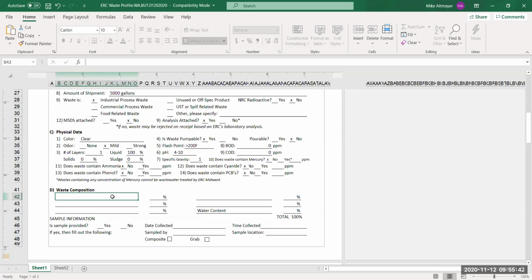So waste composition, this is important to understand how this section needs to be filled out. What you'll do with this is you need to lay out the constituents that are part of the waste and make sure that at the end they total 100%. Okay, so that's really important.